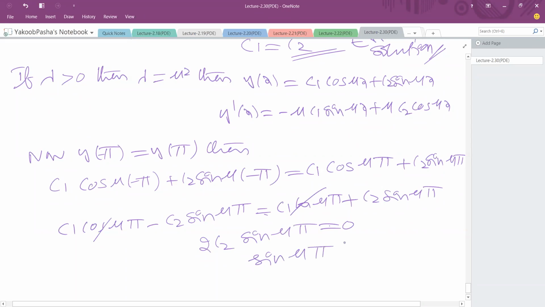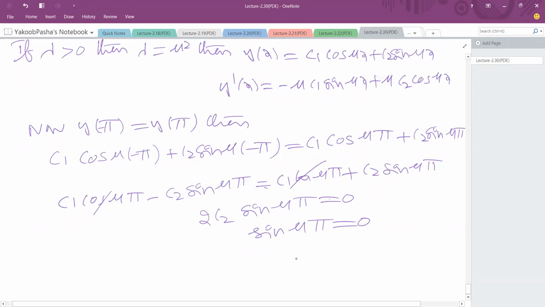So sin mu pi is equal to 0. In this case, mu pi is equal to some n pi, for n equal to 1, 2, etc. We can write mu is equal to n.